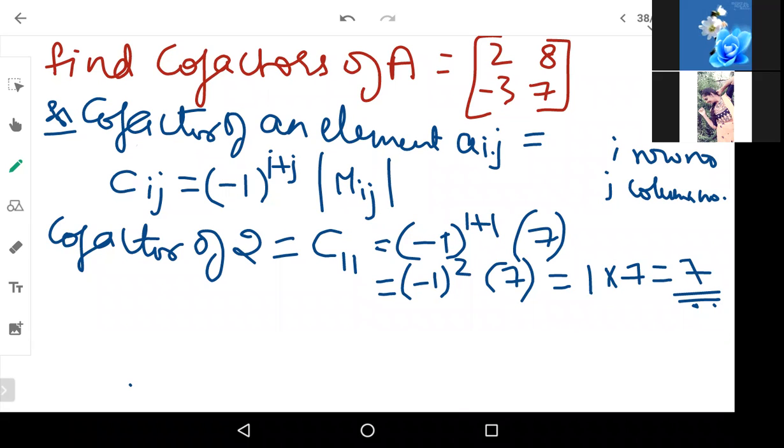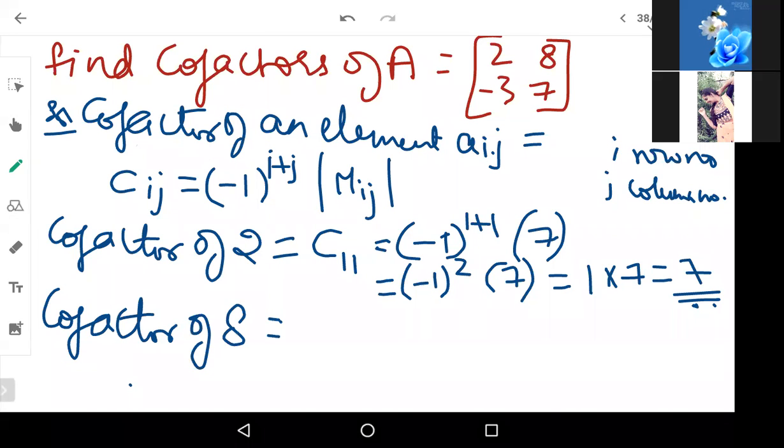Now find the cofactors for the other 3 elements. Next one, cofactor of 8. 8 is in first row, second column. So minus 1 to the power of first row plus second column into the minor.